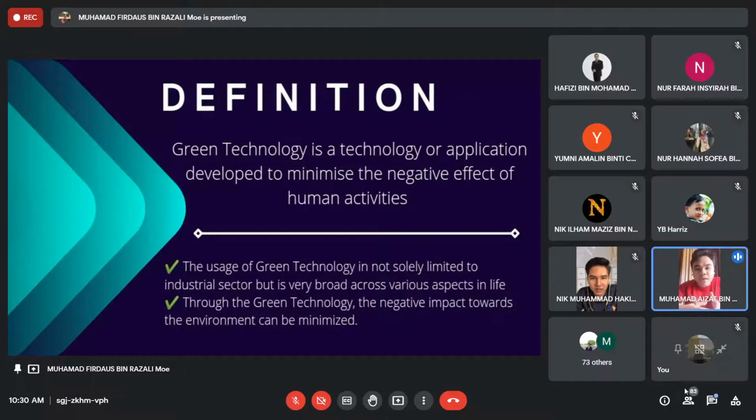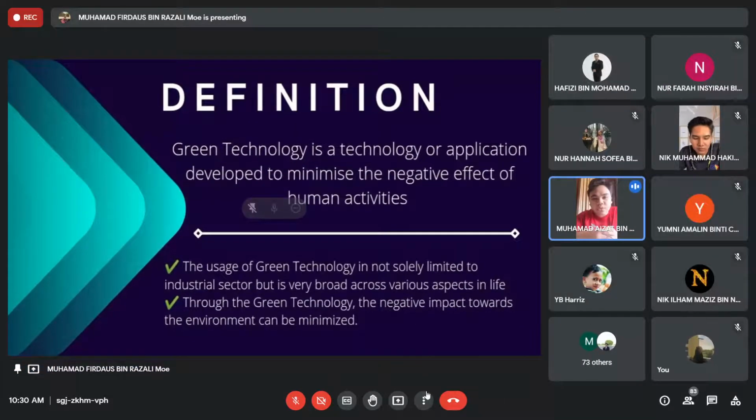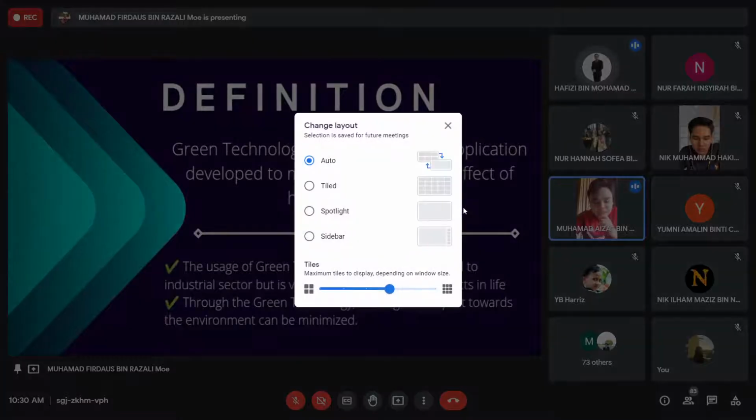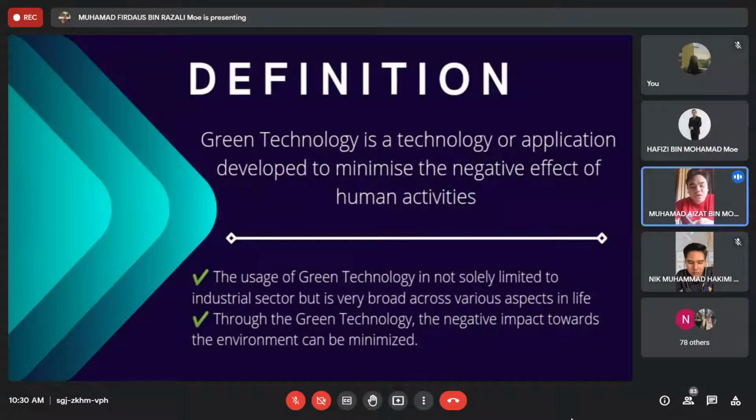Because of that, Malaysia has initiated applying green technology in Malaysia. Kita nak gubahkan dasar teknologi hijau, contohnya 1.5 billion in 2010.